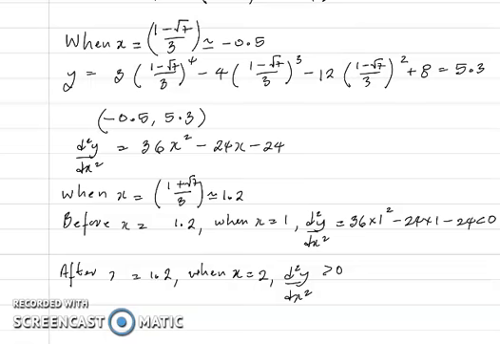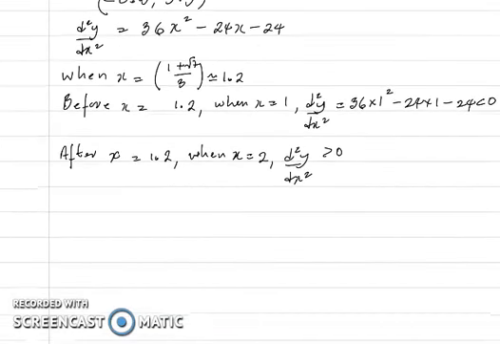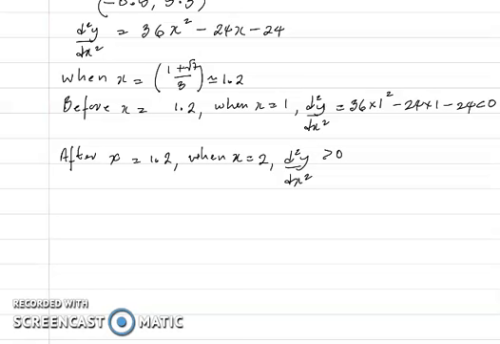So you can notice before x is equal to 1.2 and after x is equal to 1.2, the graph changes concavity. Therefore, the point 1.2, minus 10.4 is a point of inflection.